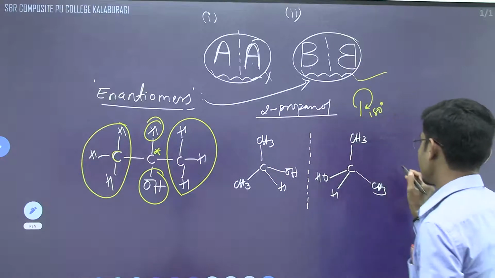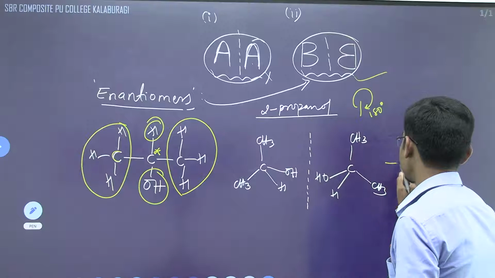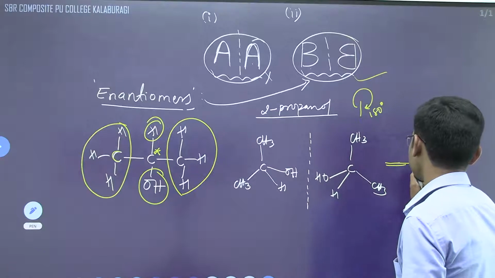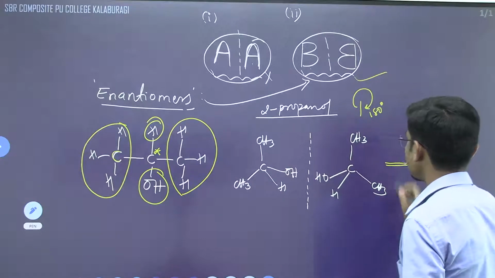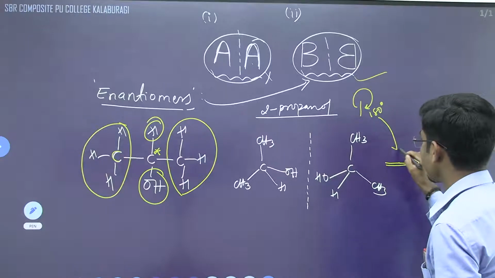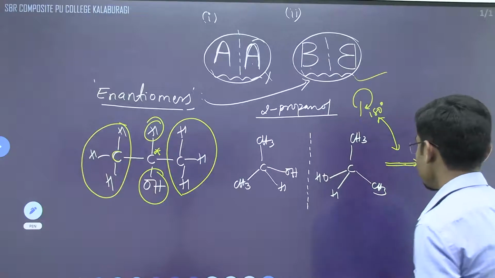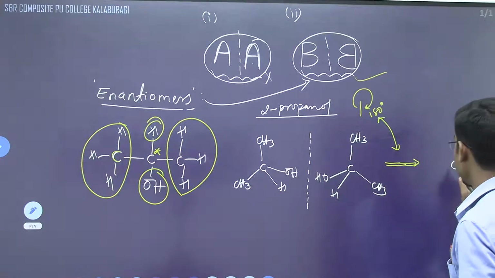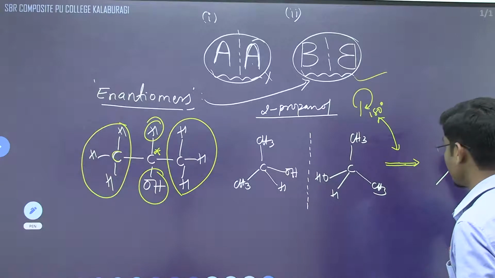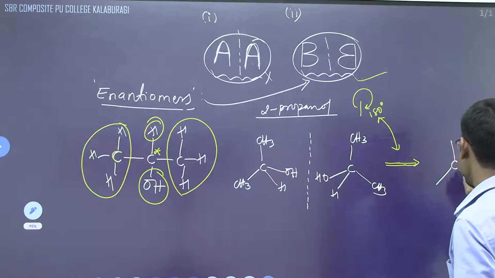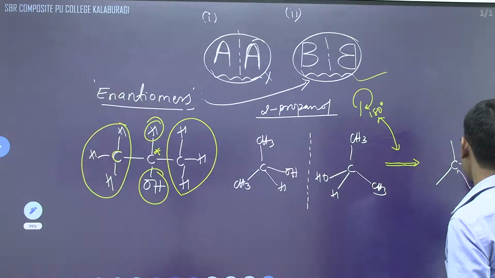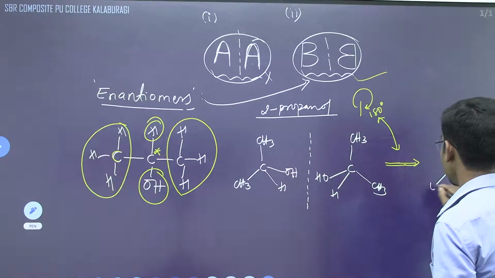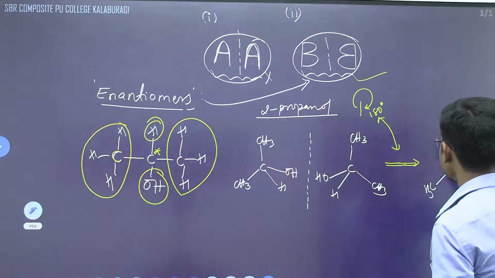When it is rotated by 180 degrees, it gives a structure exactly similar to the first compound: OH, H, CH3, CH3.